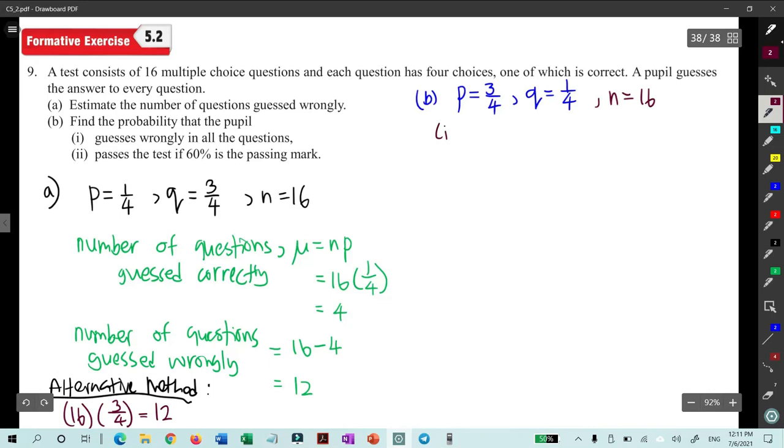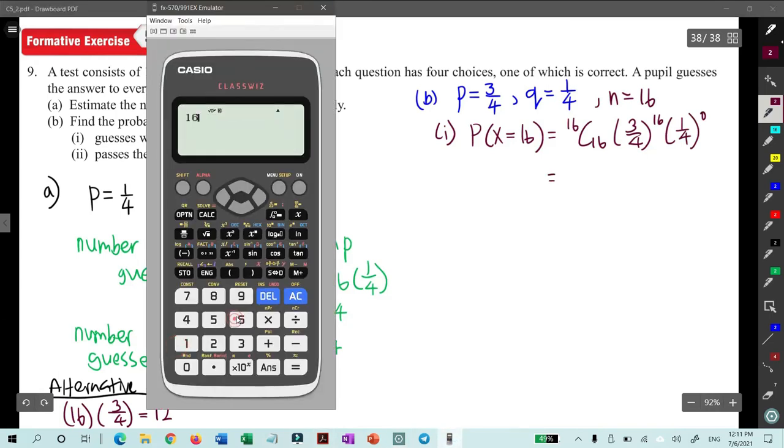Okay, so for part 1, P(X equals 16) is 16C16, 3 over 4 to the power of 16, 1 over 4 to the power of 0. 16Cx multiplied with 0.75 to the power x, multiplied with 0.25 to the power of 16 minus x.